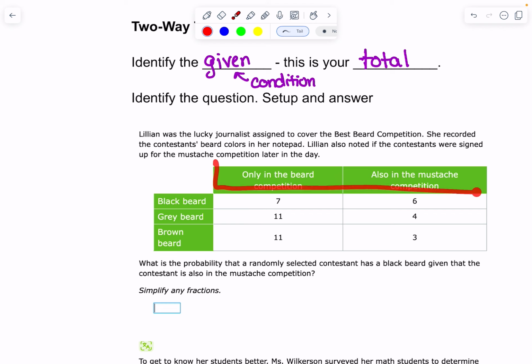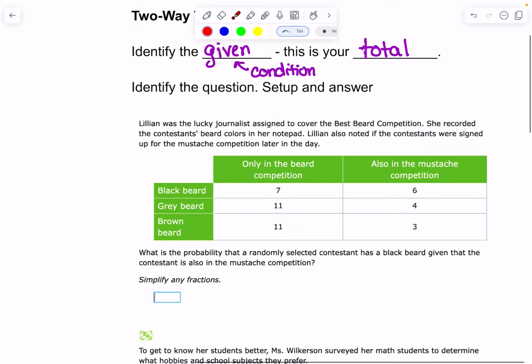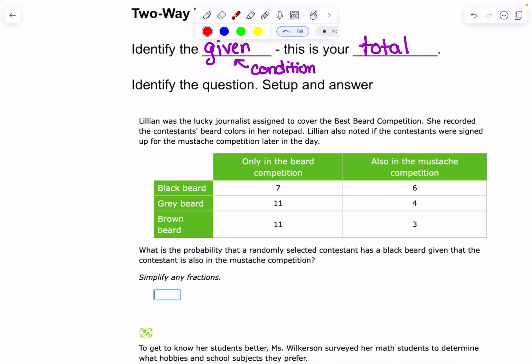And on the top, I've got if those members of the competition were only in the beard competition or if they were also in the mustache competition. Below, I'm seeing the question, what is the probability that a randomly selected contestant has a black beard, given, I'm going to underline that word, given that the contestant is also in the mustache competition.